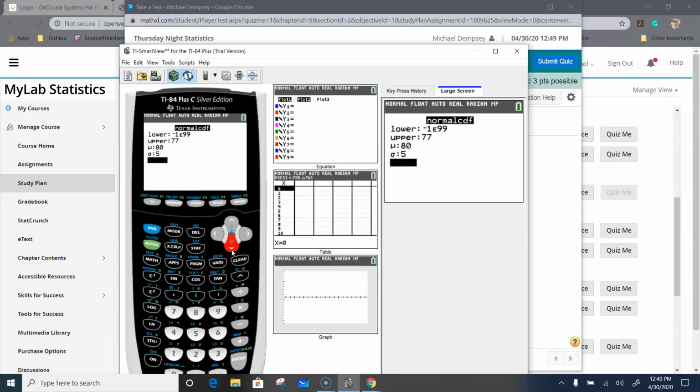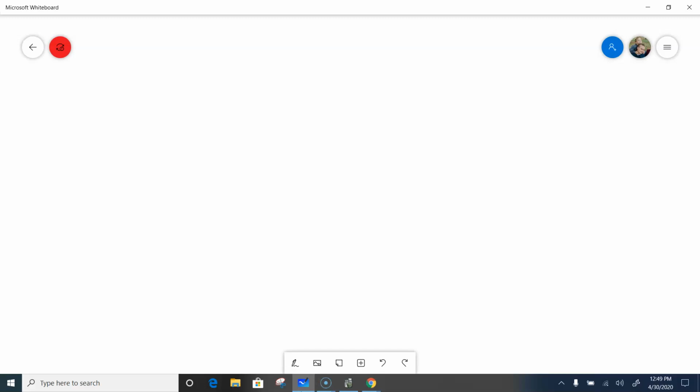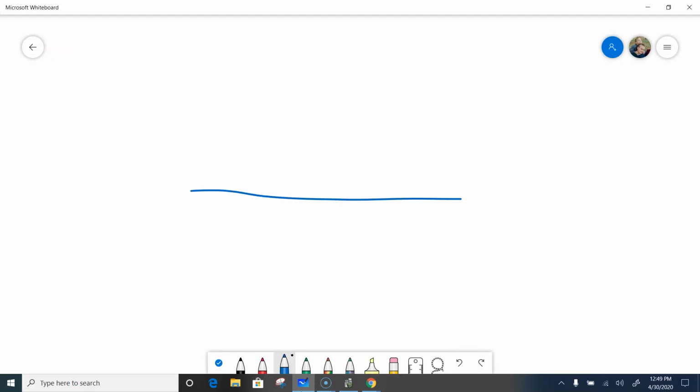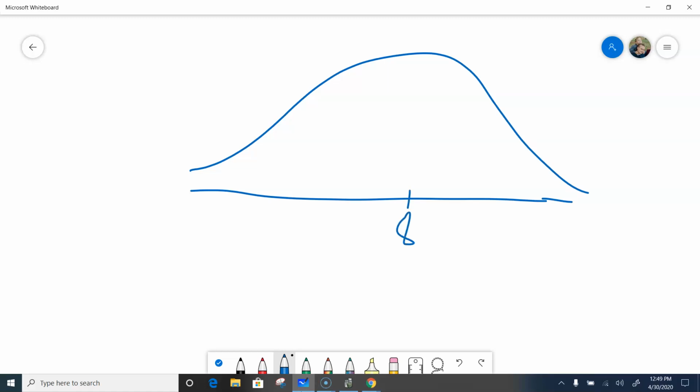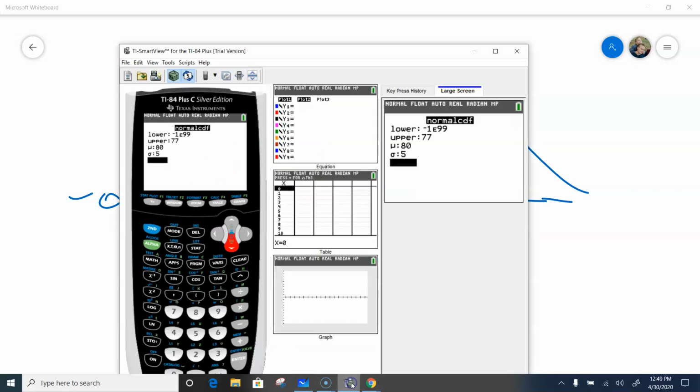So try to picture what this is. Recall what we're talking about when we're dealing with these normal distribution calculations. 80 is the mean, it lives in the middle. They're saying 77, we want the probability it's less than that. So my lower limit is just somewhere out here, negative infinity, negative 1,000, anything you want. Upper limit 77, the mean is 80, and the standard deviation was 5.